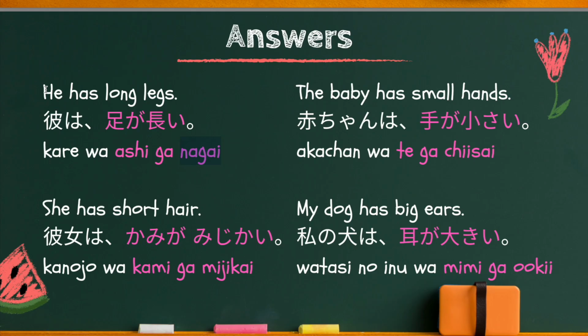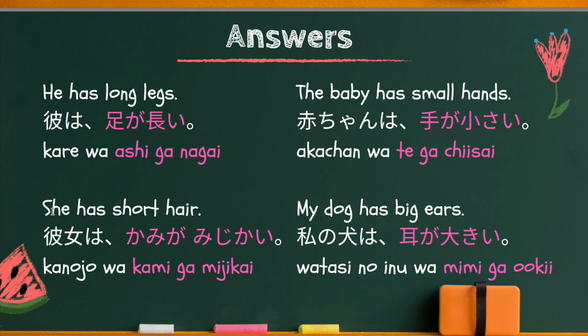The topic of the sentence is 彼, therefore, 彼は. But once again, if the listener knows you are talking about him, then you can omit 彼は and you can just say 足が長い. That's fine too. And if you add this at the end, the sentence becomes formal. Now this is casual.